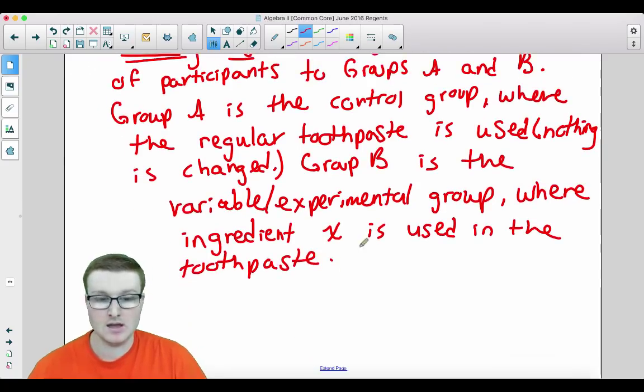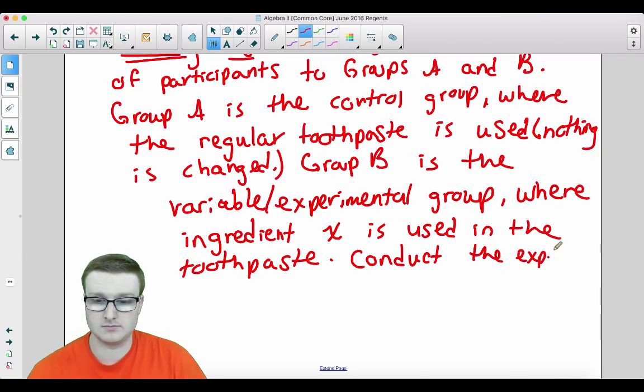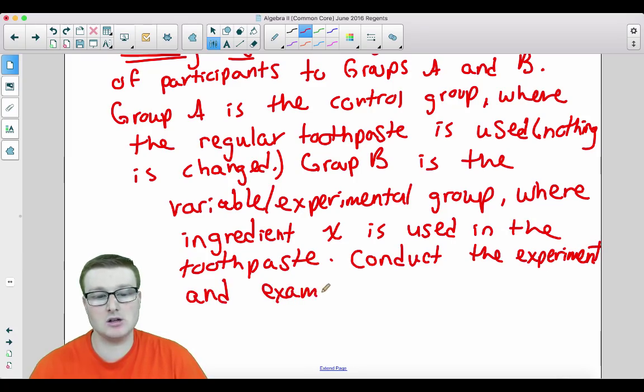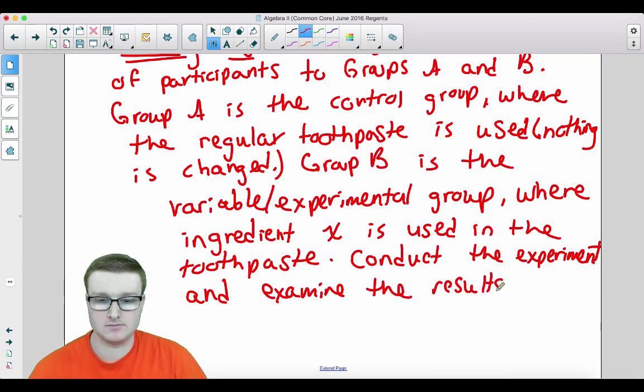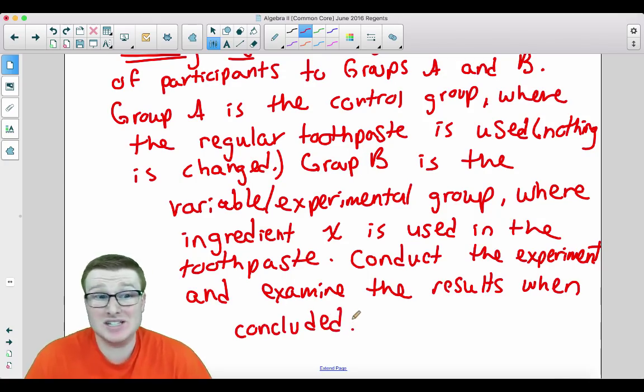Then, all you need to say is conduct the experiment and examine the results when concluded. That's it. That's all you need to say.